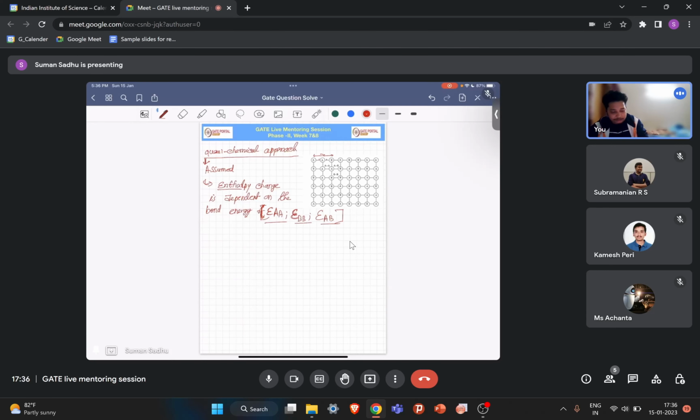So we can write H of mixing, or solution, as: P is the probability of finding A and A bond, into epsilon AA, plus the probability of finding B and B bond, into epsilon BB, and the probability of finding A and B bond, into epsilon AB.